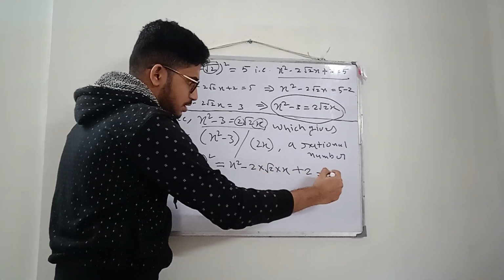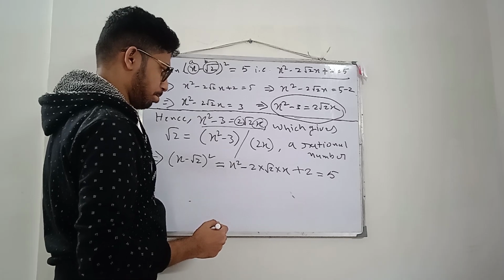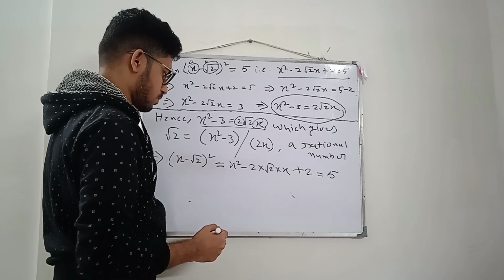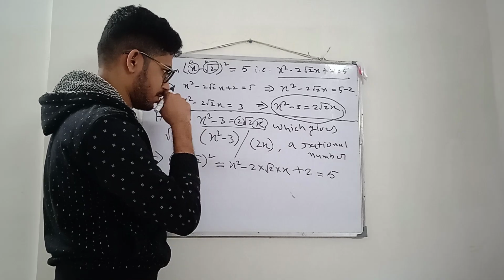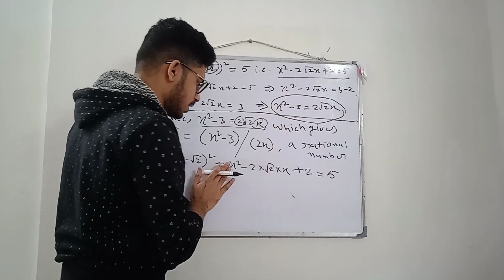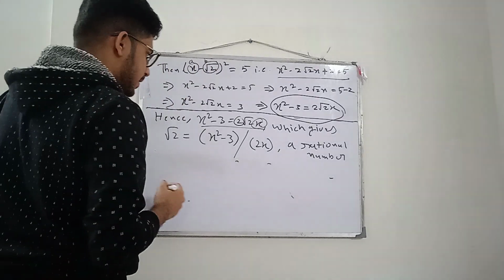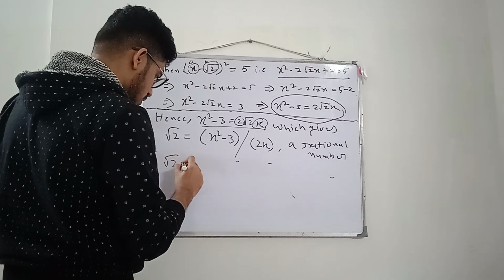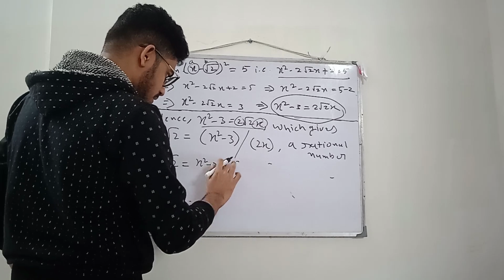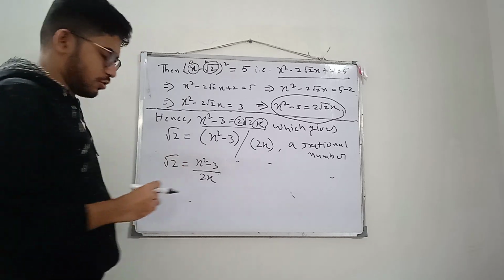So root 2 is equal to x square minus 3 by 2x. So this is this. I hope you all understood.